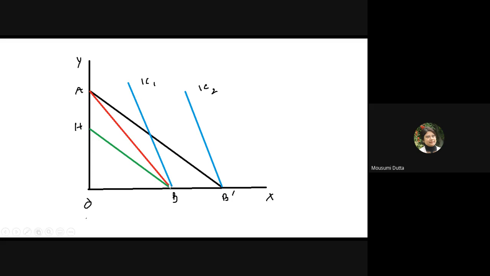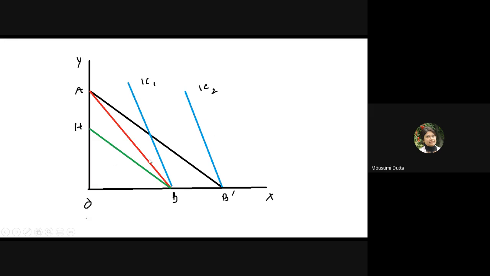I'm considering a case when MRS XY is greater than the budget line slope everywhere along the budget line. In case of perfect substitutes, ICs will be negatively sloped straight lines. I could draw straight lines which are flatter than the budget line. In that case, P1 by P2 is everywhere greater than MRS XY. Here I have considered the case where MRS XY is greater than PX by PY everywhere. So budget lines are flatter than the ICs. IC1, IC2 are the negatively sloped straight line indifference curves.